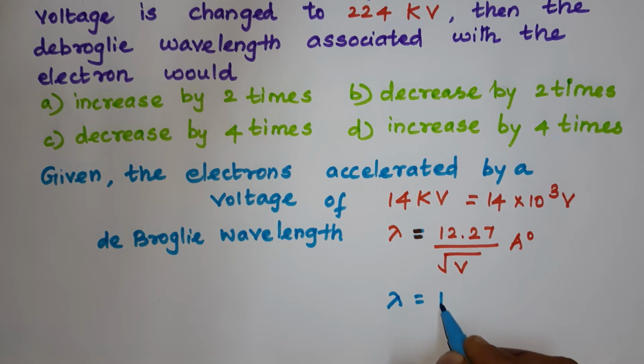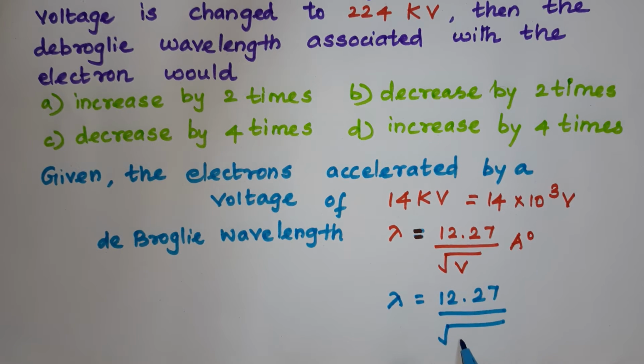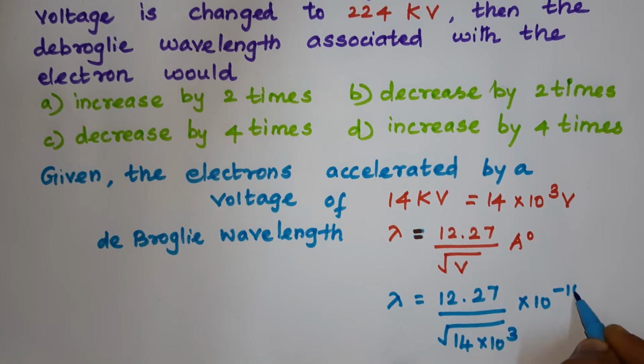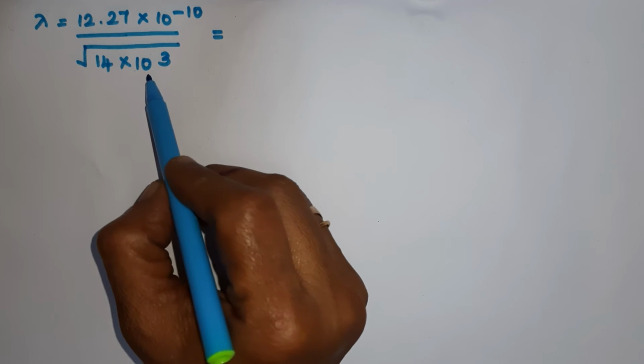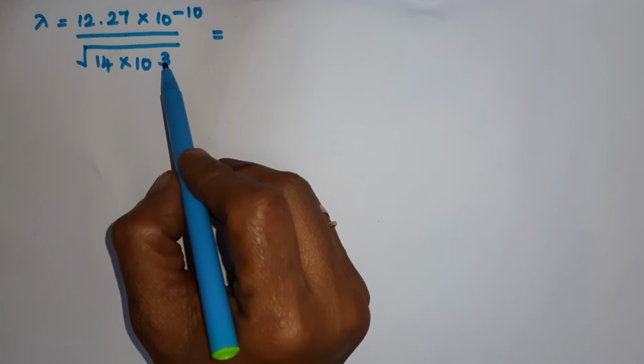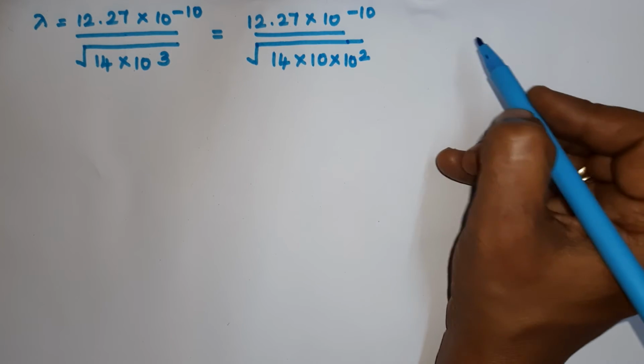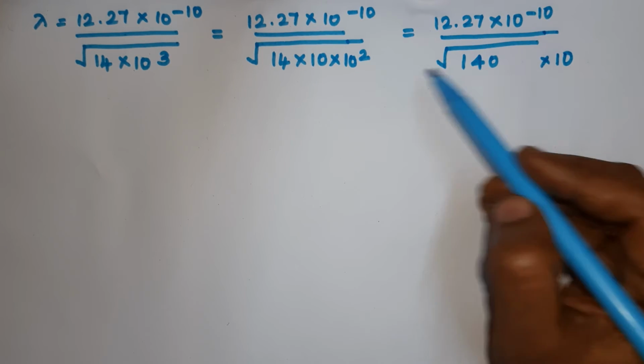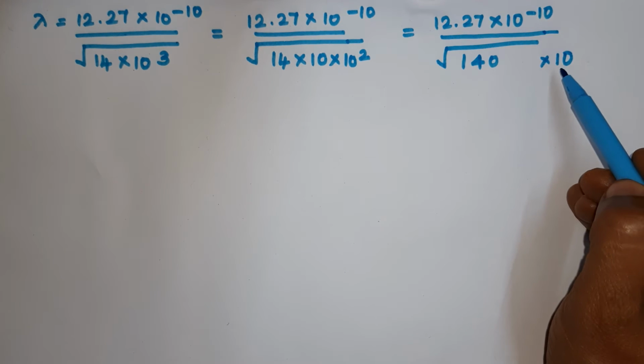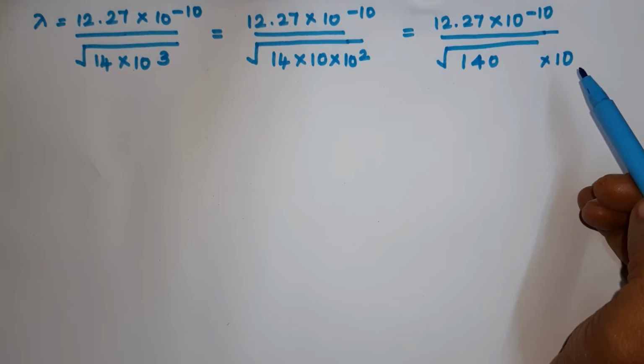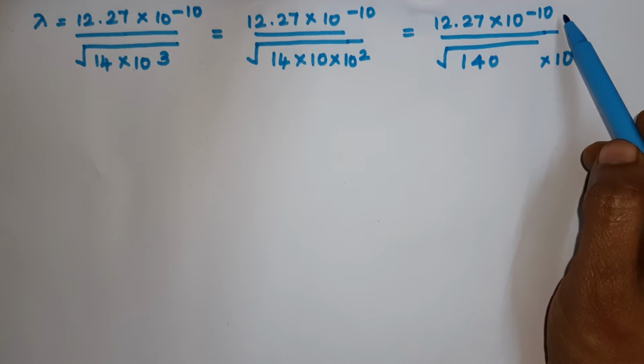Lambda is equal to 12.27 divided by square root of 14 into 10 power of 3 into 10 power of minus 10 meter. Angstrom is converted into meter here. Here we split this 10 power of 3, which is equal to 10 square into 10. When it is taken out of the square root, it becomes 10. We shall take this 10 to the numerator.